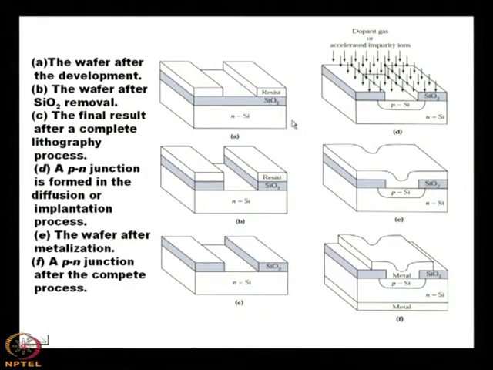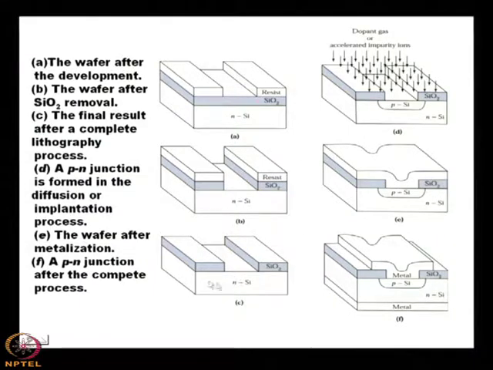Then what have you done? Then this portion, the middle portion, you have etched out. But it can be the other way around also, depending on the nature of the photoresist, because photoresist can be negative or positive, and depending on the developer solution, it is possible that only the hardened region is washed away or the non hardened region is washed away.